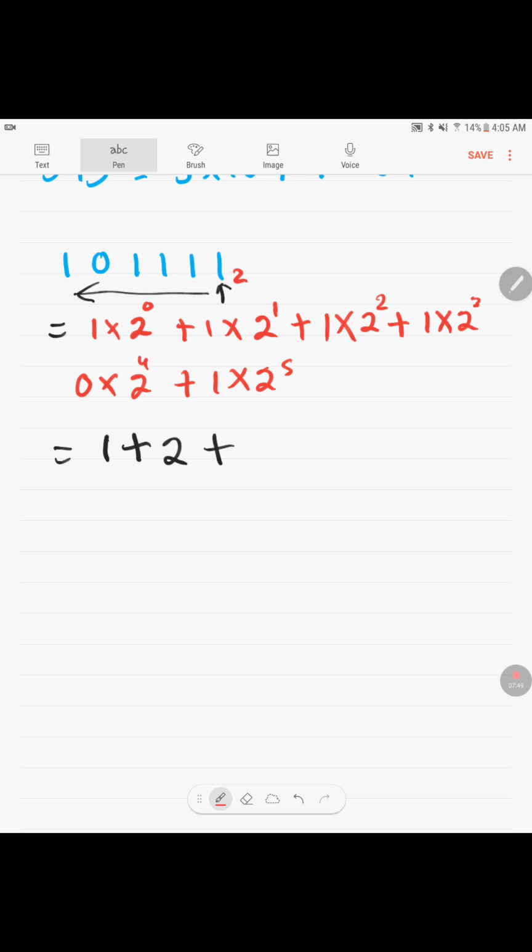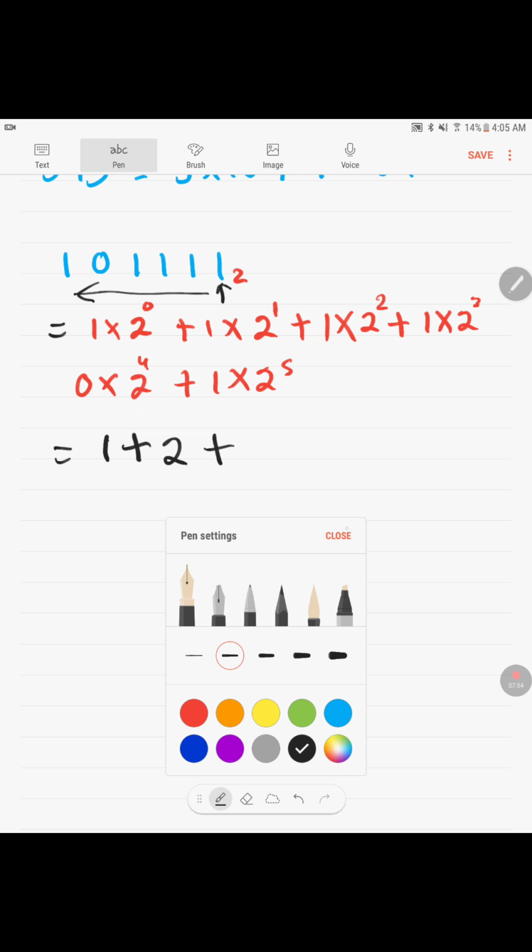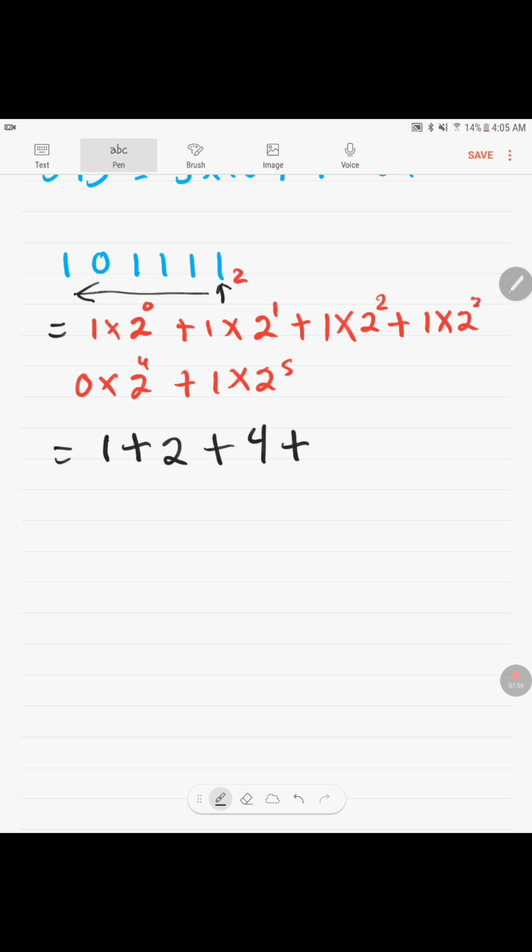So plus 4 plus 8 plus, here it's a 0, plus 32.